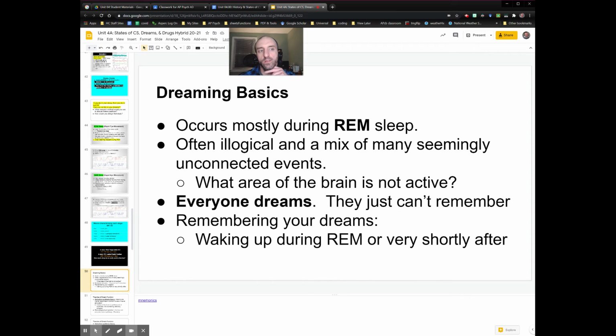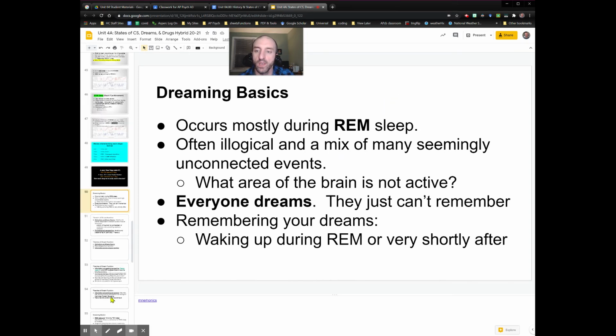And different substances affect your ability to, it's called your sleep architecture. So going through each of the cycles. One of the most prominent disruptors of sleep architecture is alcohol. That significantly decreases the ability to get restful sleep.